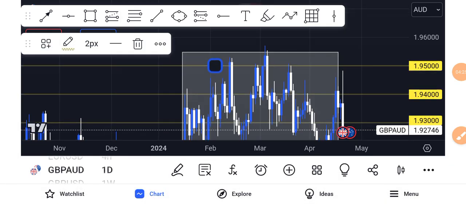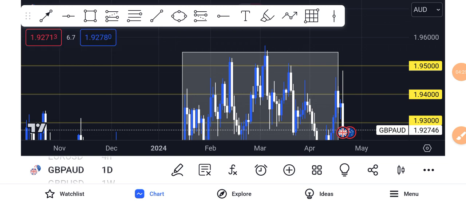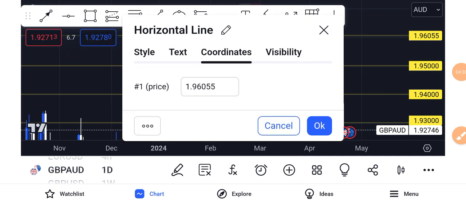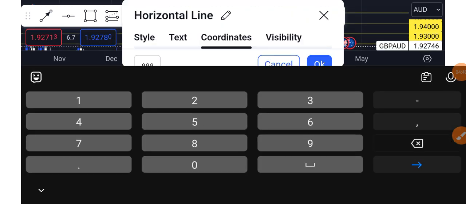So I have my key levels, and for those who've been following me, you understand that from one key level to the other is approximately 100 pips.